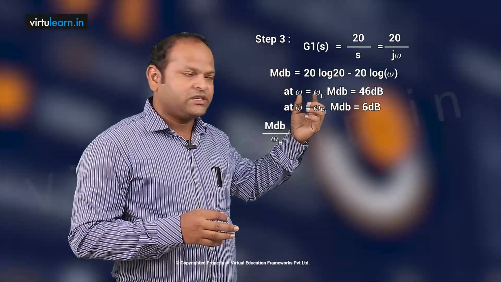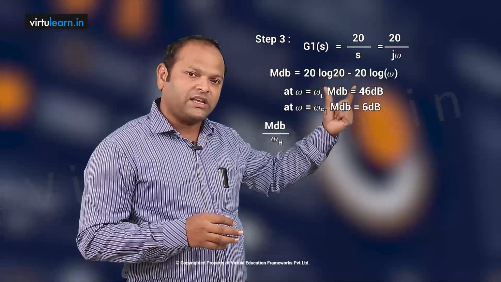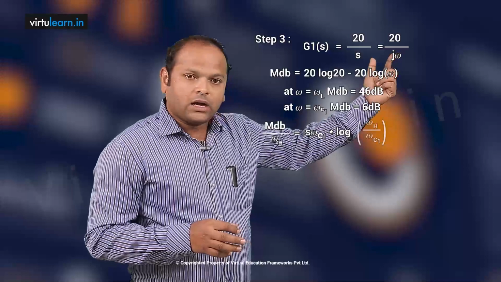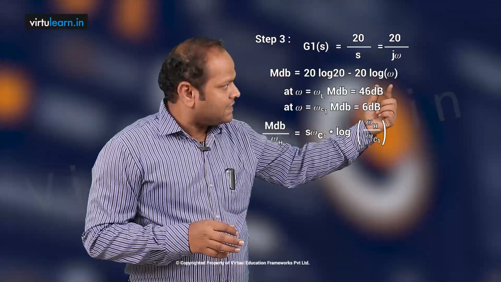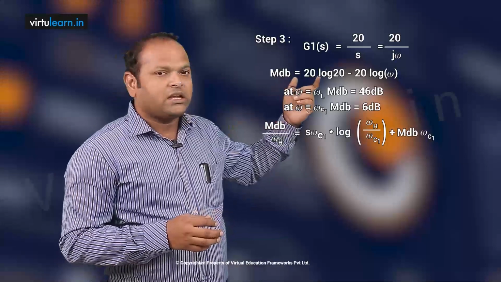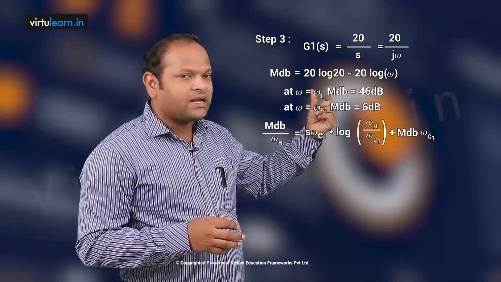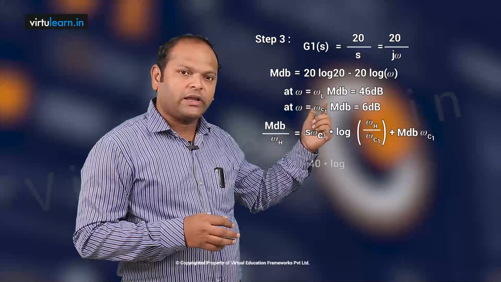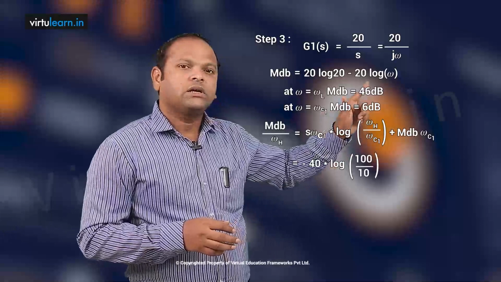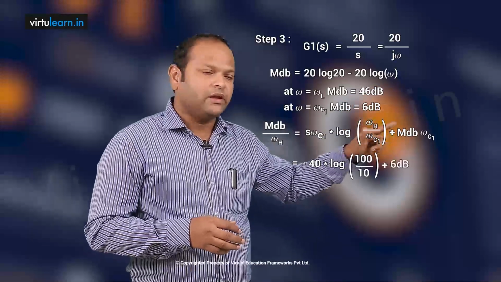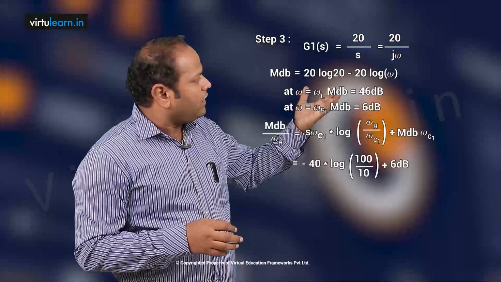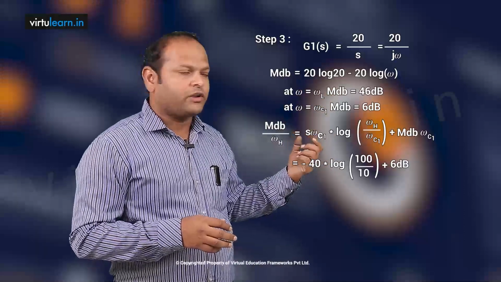MdB at omega h is equal to slope at omega c1 times log of omega h divided by omega c1, plus MdB at omega c1. So when you take here the slope at omega c1, it is nothing but minus 40, therefore minus 40 log 100 by 10, plus we have already 6 dB. Then this is going to be minus 34 dB.